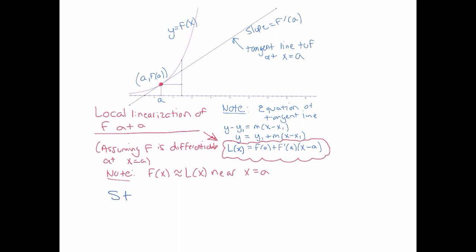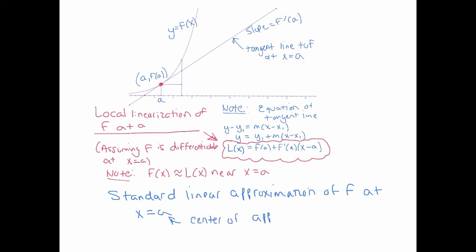So for terminology, another thing you might hear is that this is called the standard linear approximation of f at x equals a, and x equals a is often called the center of approximation.